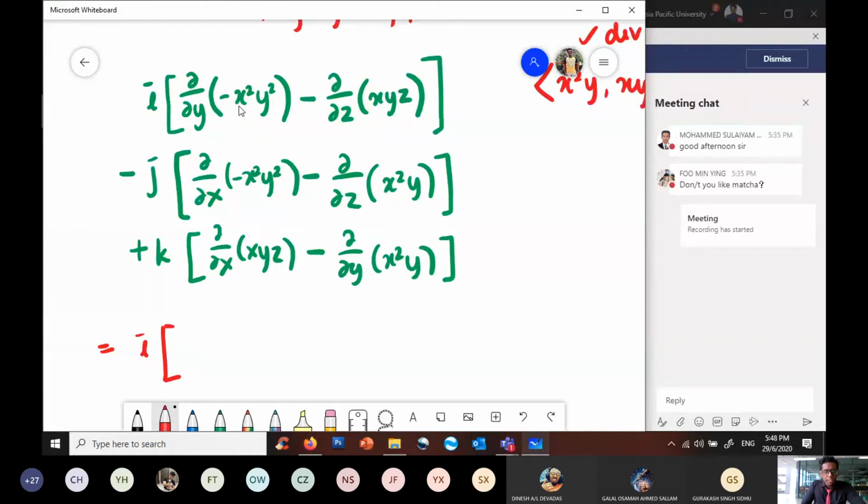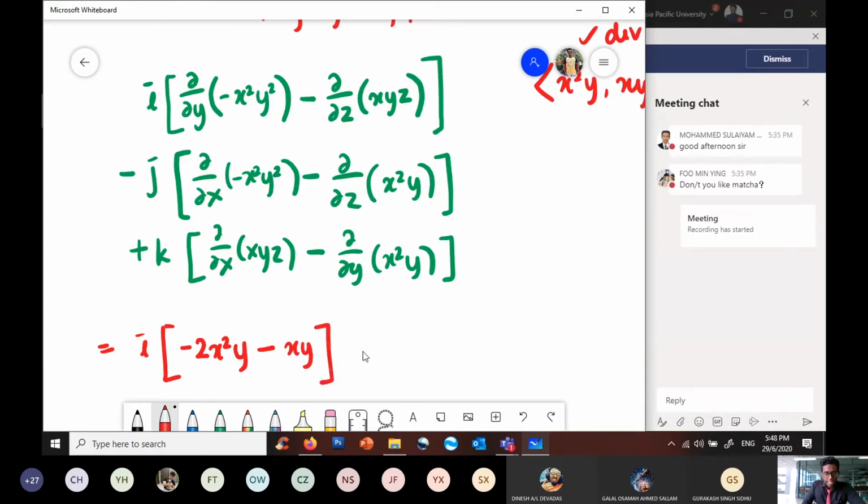So what do I get if I differentiate this with respect to y? I'm going to get negative 2x square y. Differentiating with respect to y, x is a constant. And then differentiating this with respect to z, I'm going to get xy.